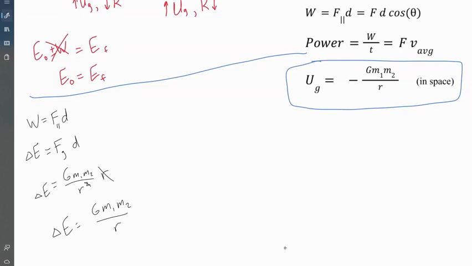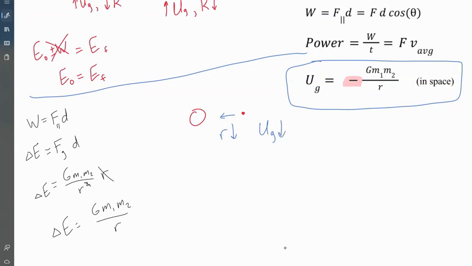And you might now be saying, but Mr. P, what about that negative sign out front? And I'm so glad you asked. All right, as I have this sun with the planet, as the planet gets closer, that means r is decreasing. But we also know that that means gravitational potential energy has to decrease.